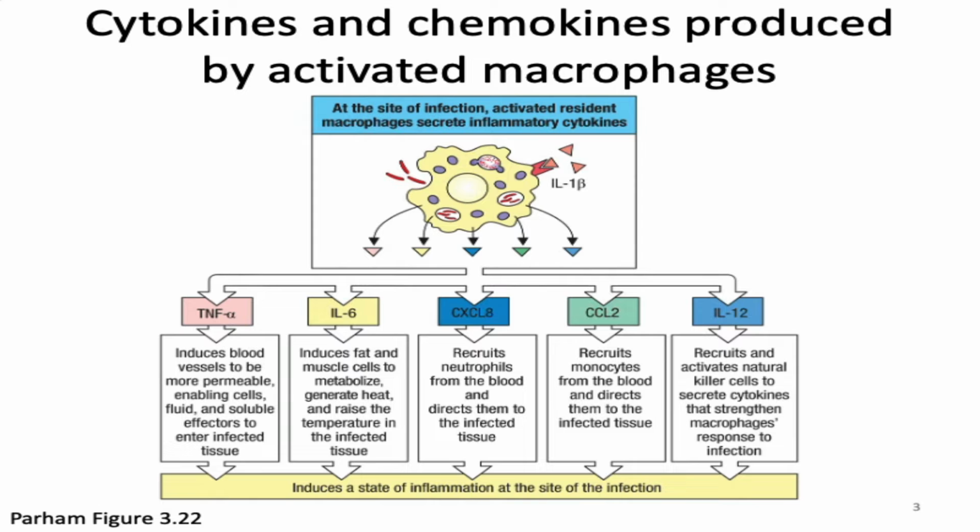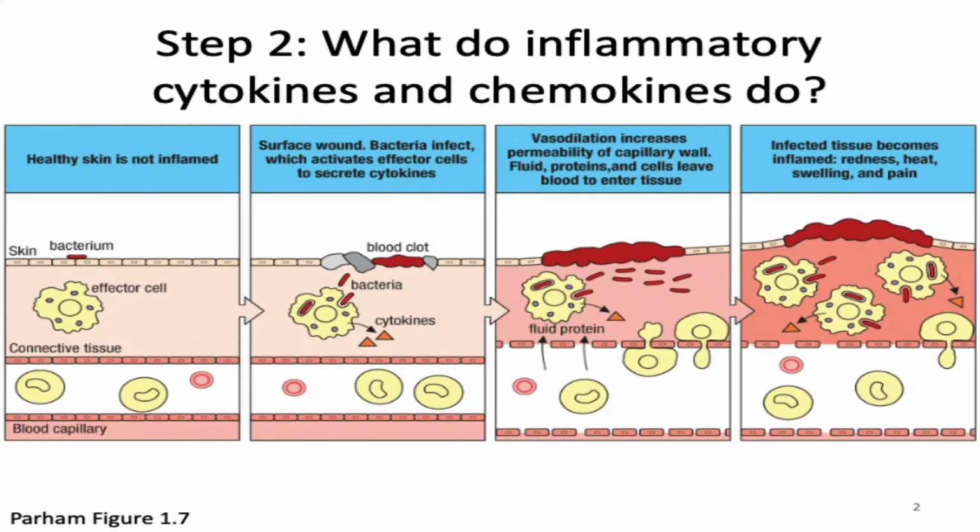So here's my blood vessel before the cytokines. And here's my blood vessel after the cytokine has actually acted on these cells. So this little triangle cytokine is acting on these cells of the blood vessel wall. What do you observe is happening to that blood vessel?